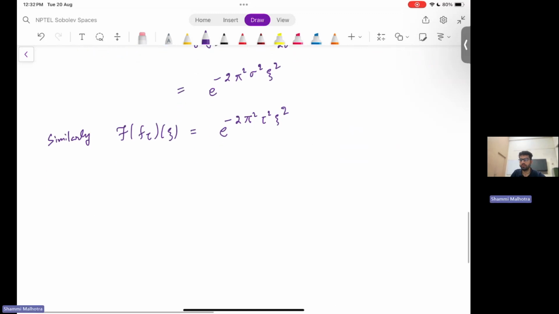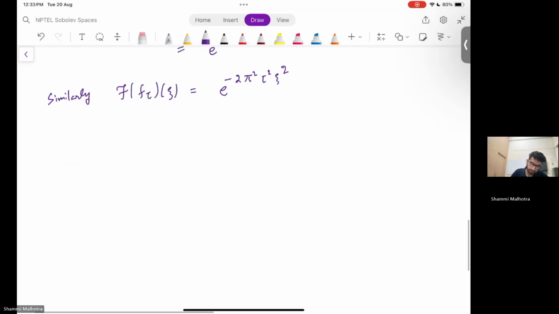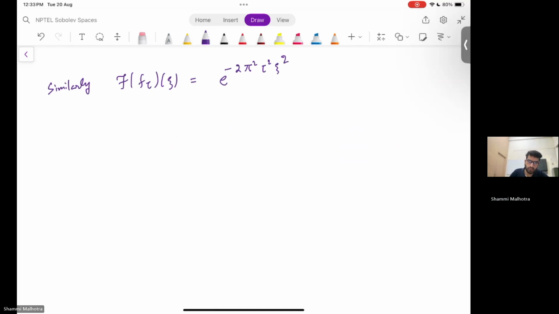So now how do we prove the equality of convolution? We have to use the Fourier transform.